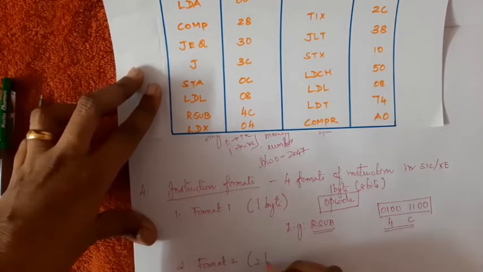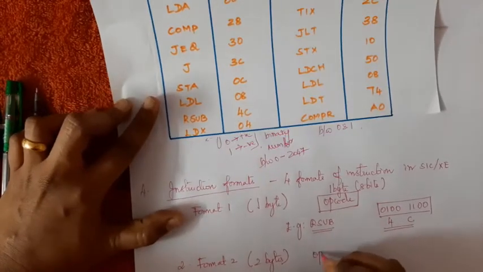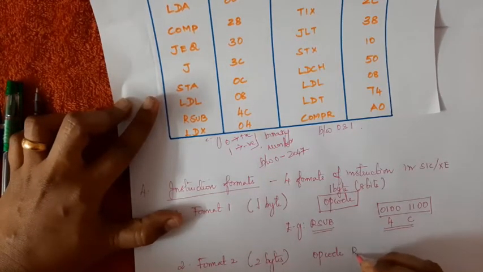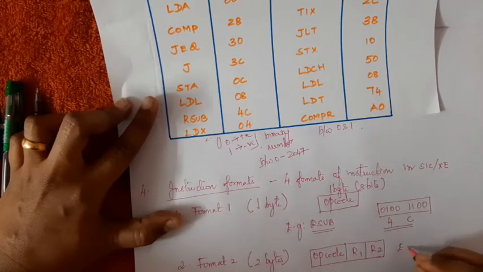This is 2 bytes. Here the format would be opcode and 2 registers, a maximum of 2. You can have 1 register also. When I say clear accumulator, accumulator is a register. So we can give an example: clear accumulator.